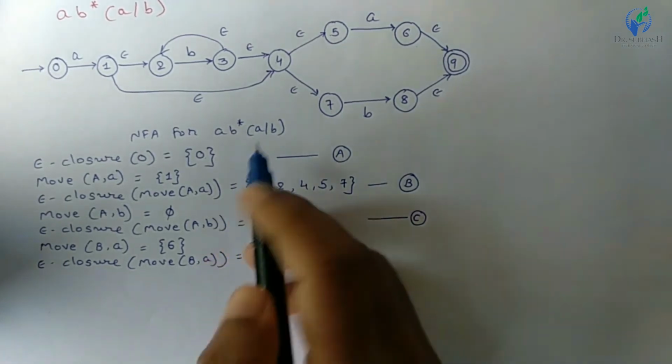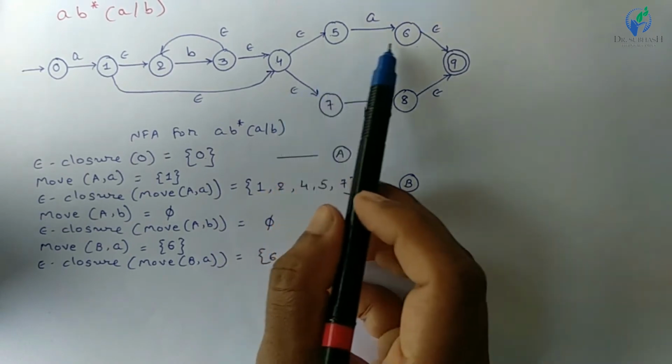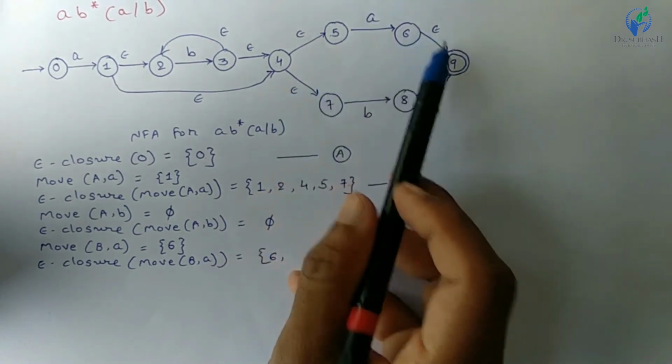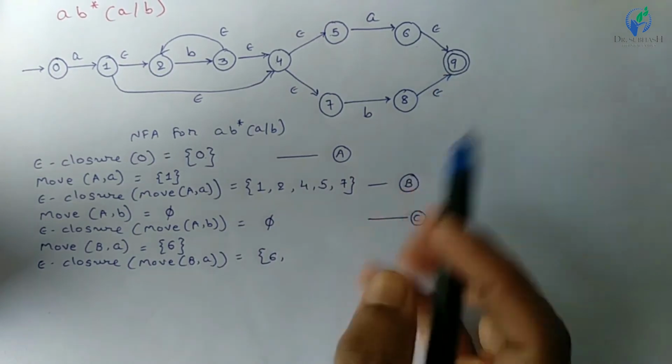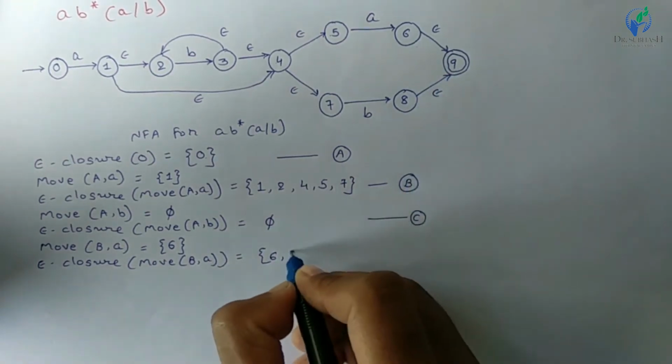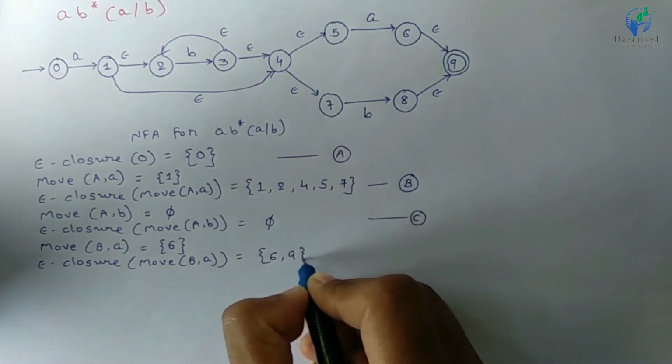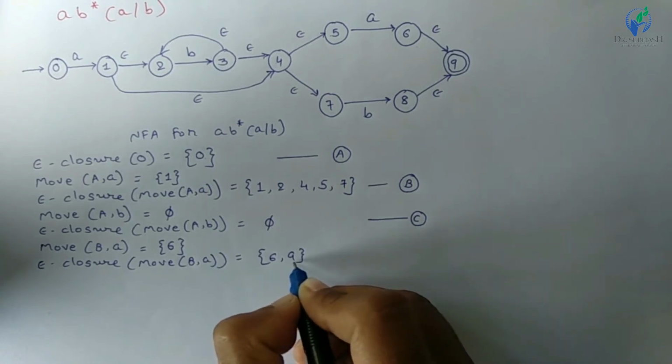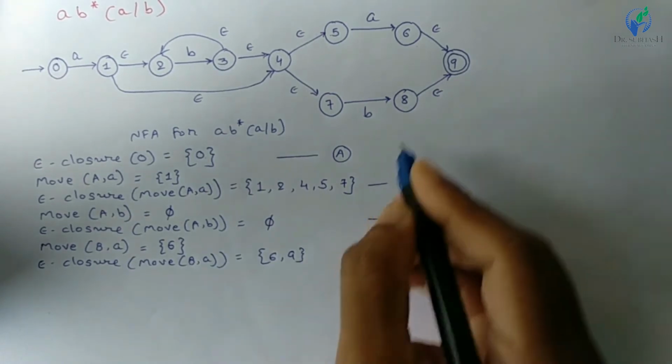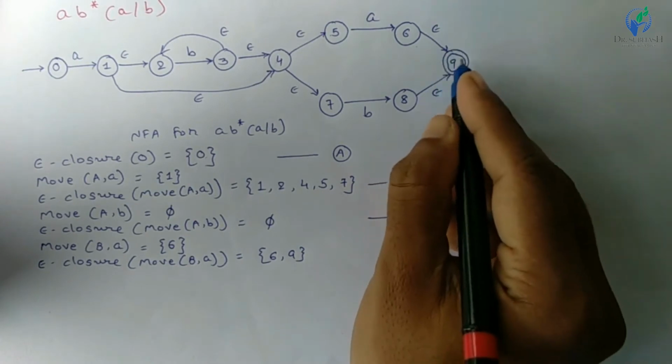So 6 and 9 are both included in the epsilon closure of move(B, a). Here 9 is your final state in the NFA.